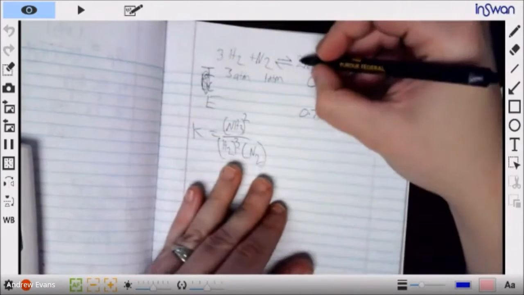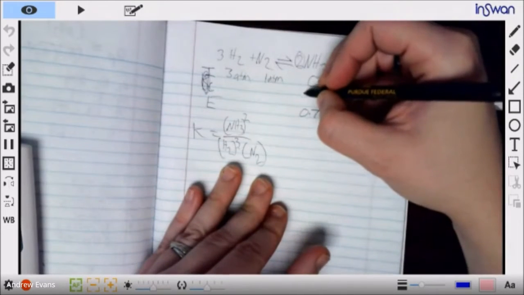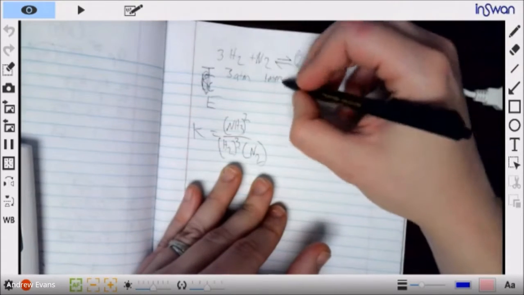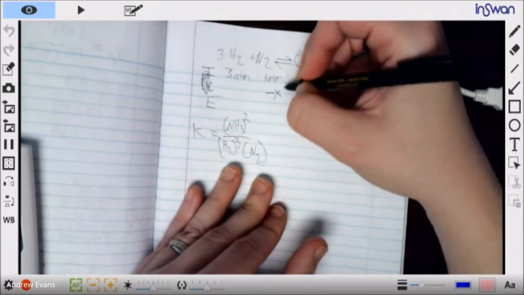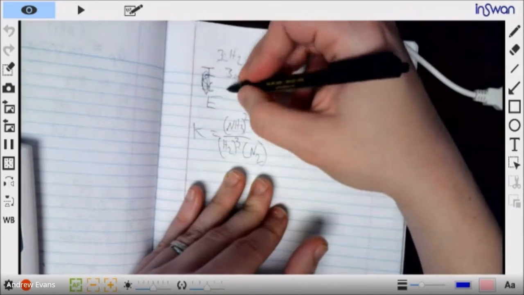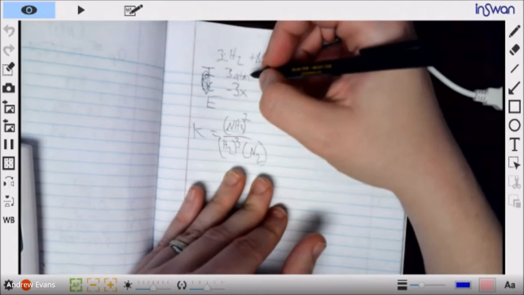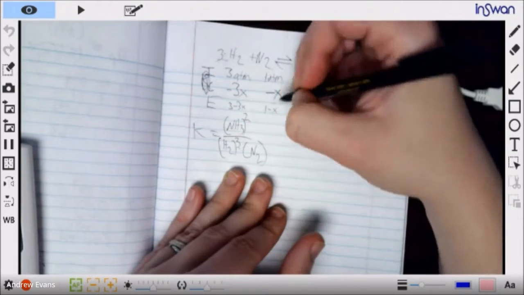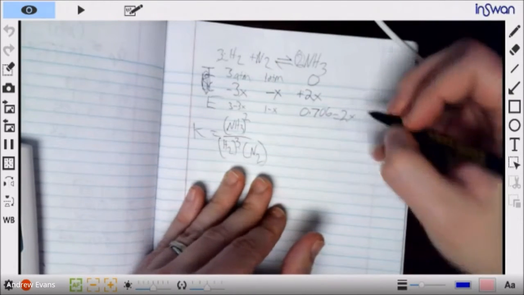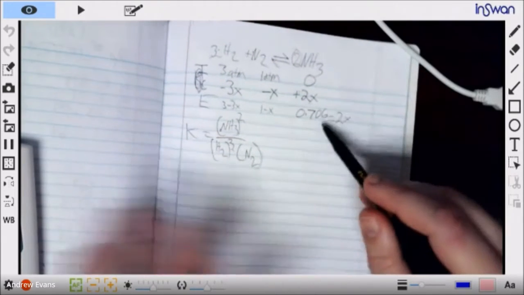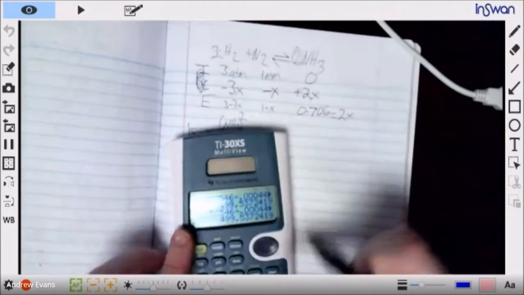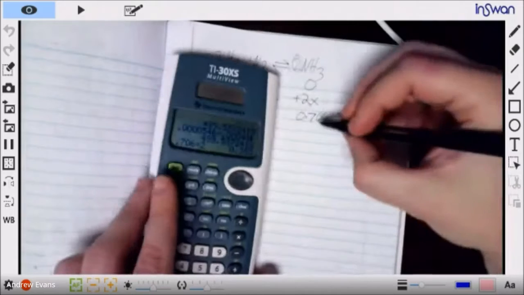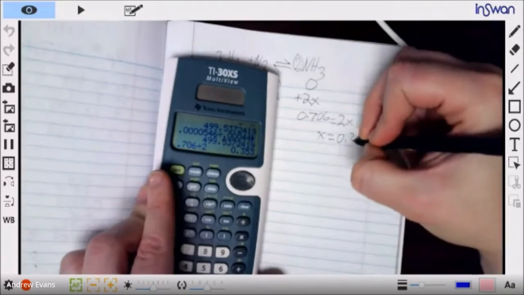Note here, when this reacts, we would produce two equivalents of X. When this reacts, we would lose one equivalent of X. And when this reacts, we would lose three equivalents of X. So this is going to be 3 minus 3X, this is going to be 1 minus X, and this is just going to be equal to 2X. If 0.706 is equal to 2X, what is our X? 0.706 divided by 2 is 0.353.